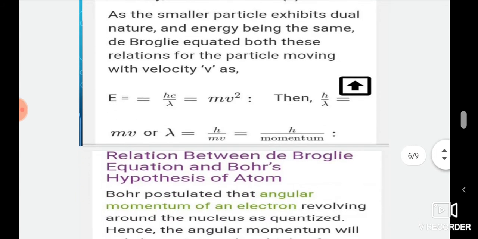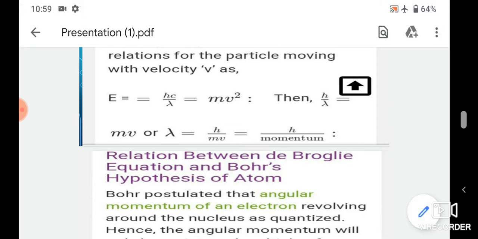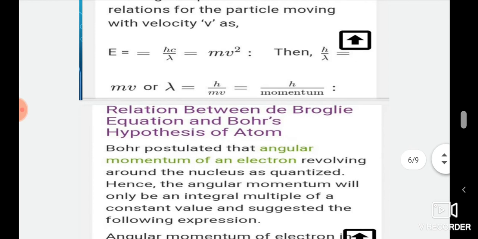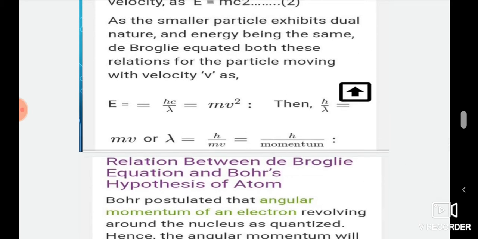So we can equate both equations, that is hc upon lambda equals mv square. Now this gives us lambda equals h upon mv.